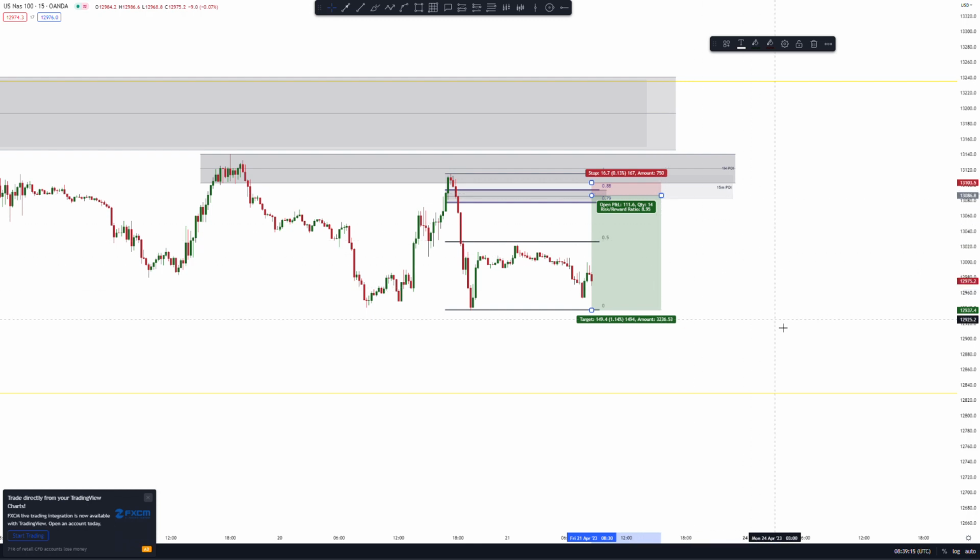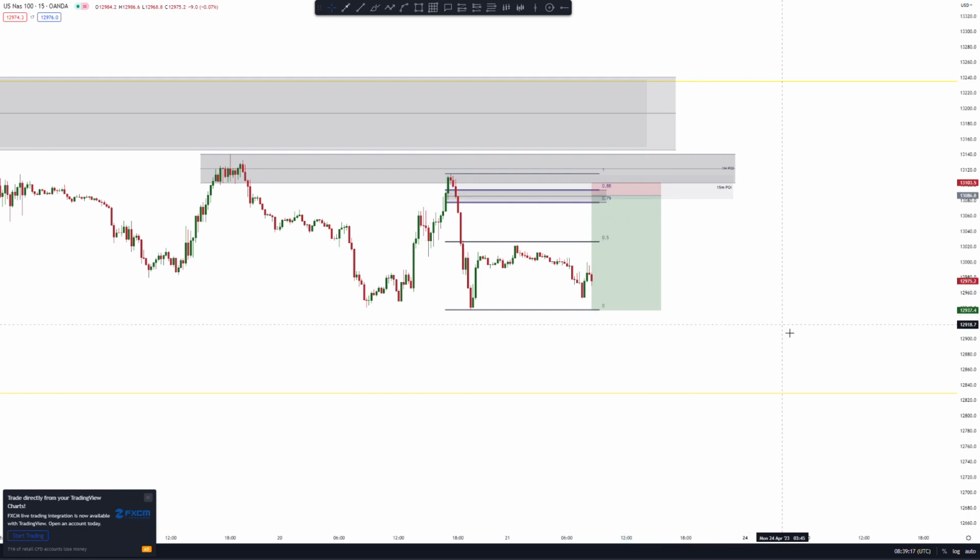This 111, I think, which is quite nice, but even this, it's still below the equilibrium. So should it fail to go above the equilibrium, I mean to reach this area, my second thing is gonna be somewhere here.